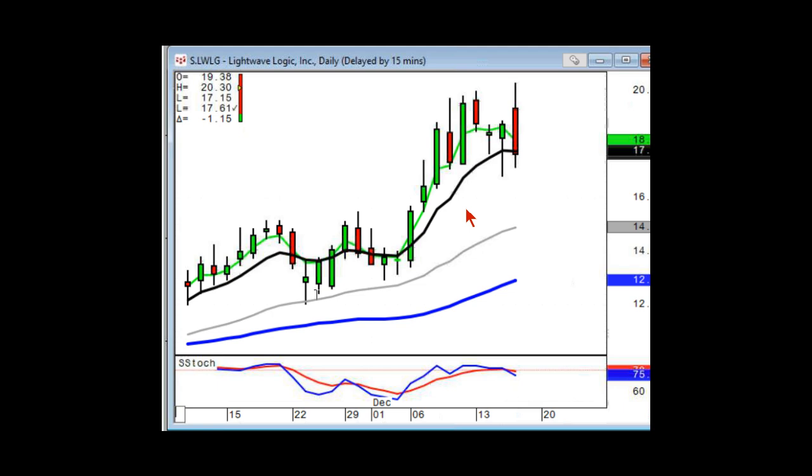But the expiration is based upon your risk-reward factor.